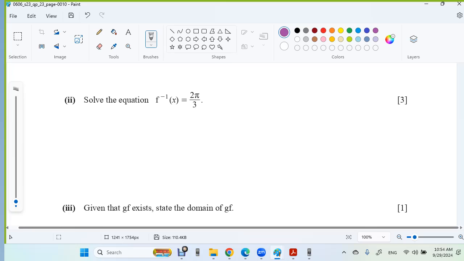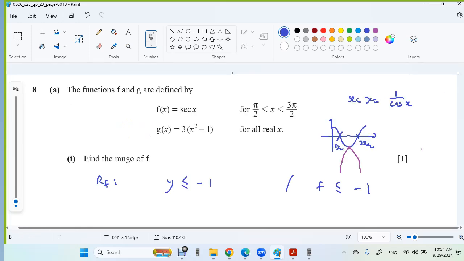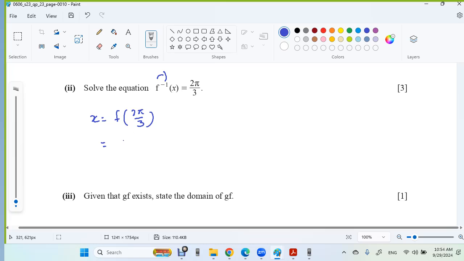Okay, next, solve the equation. So the x is f of 2 pi over 3. So this one is secant 2 pi over 3.